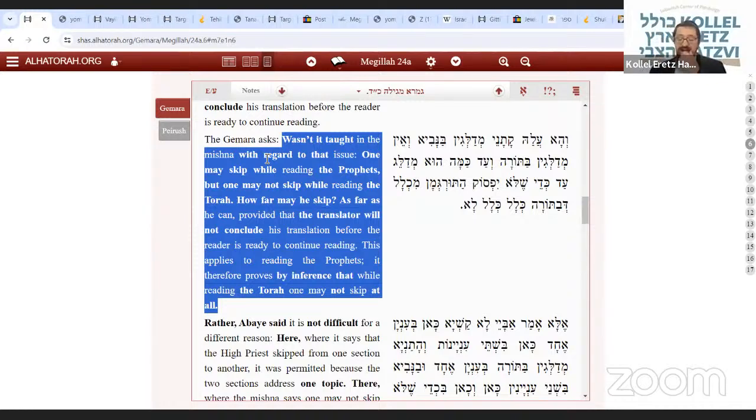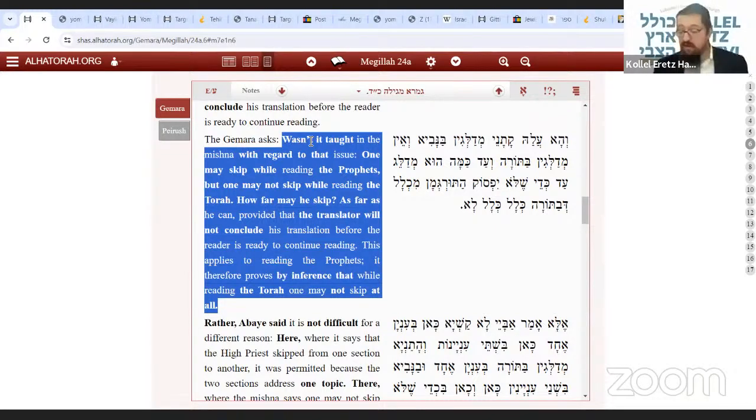And how much are you allowed to skip around when reading the haftorah? Until the point where the translator would have to pause. Which seems to say a blanket statement that you're not allowed to at all when you're reading the Torah skip from place to place.